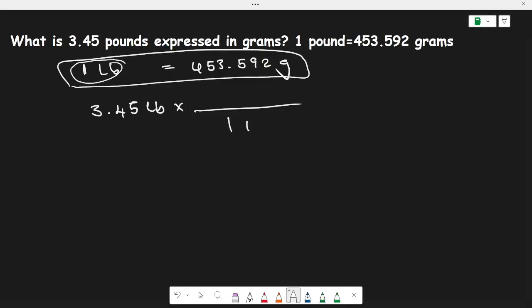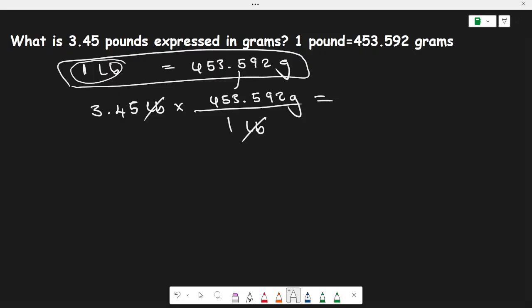So you say 1 LB, then what we want should be on top, 453.592 grams, like that, so that these two can cancel, then we can multiply what we are left with.